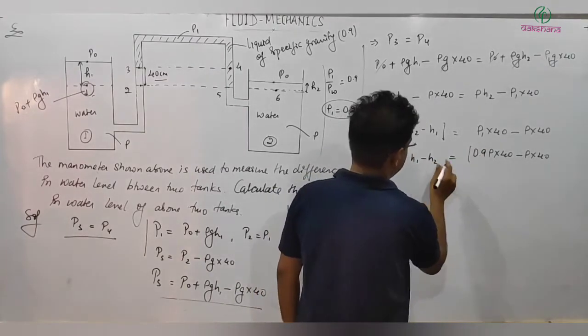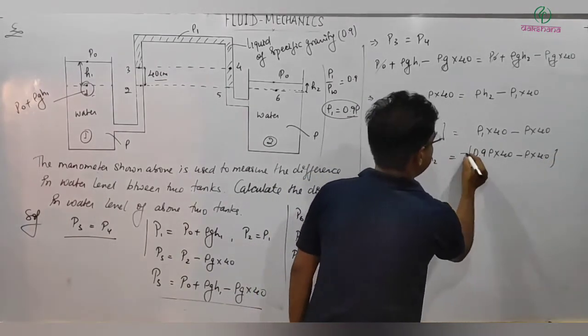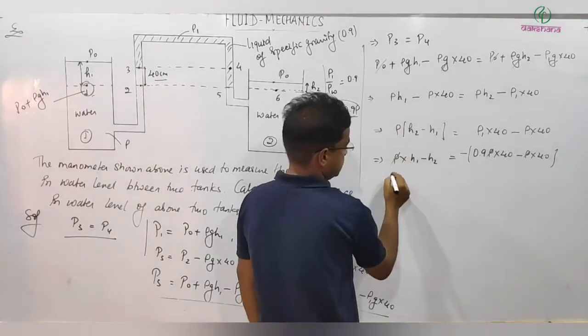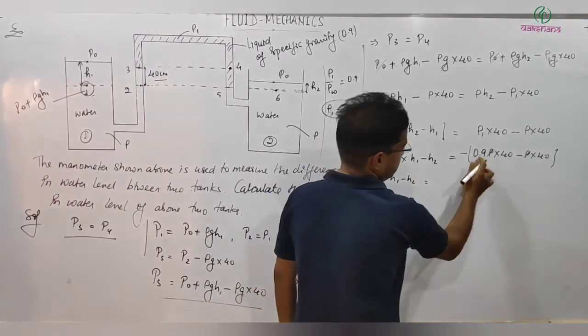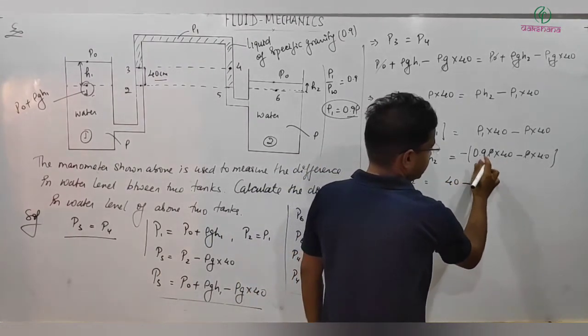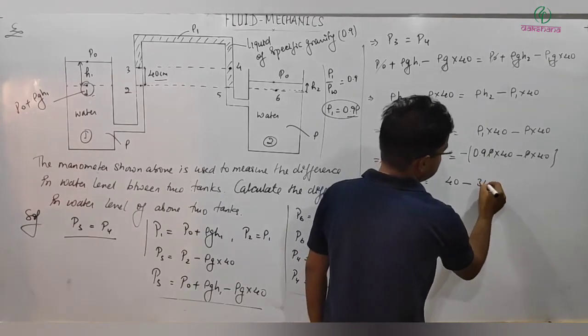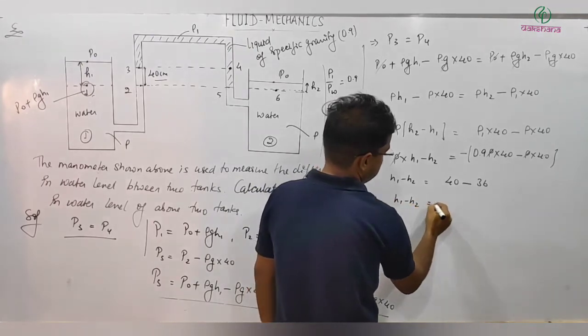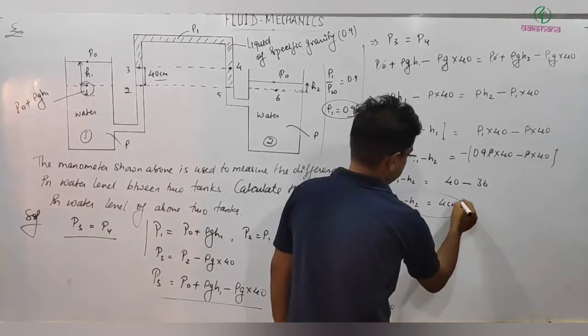Taking rho common, H1 minus H2 is equal to 40 minus 36. This implies H1 minus H2 comes out to 4 centimeter.